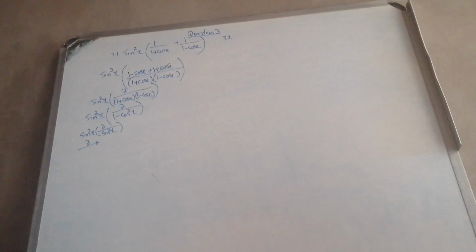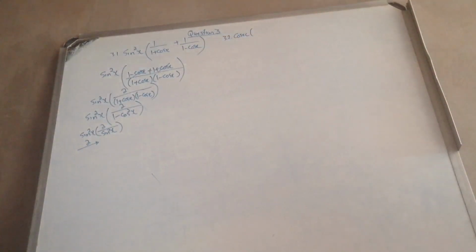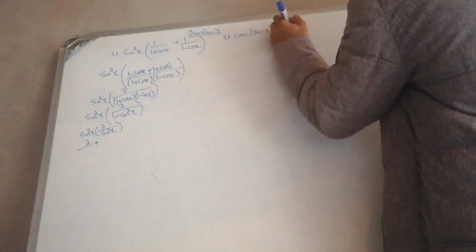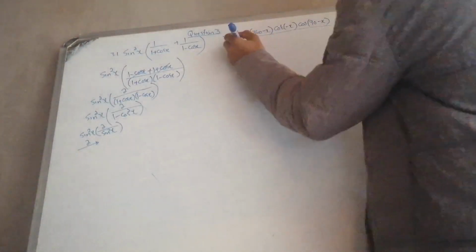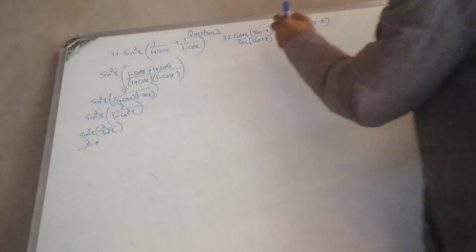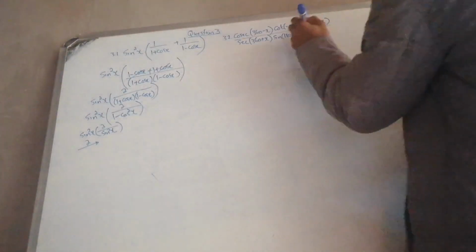They want us to simplify the cosec of 360 minus x, times cot of minus x, times the cos of 90 minus x, to be divided by sec 360 plus x, times the sine of 180 minus x, times the tan of 90 minus x.